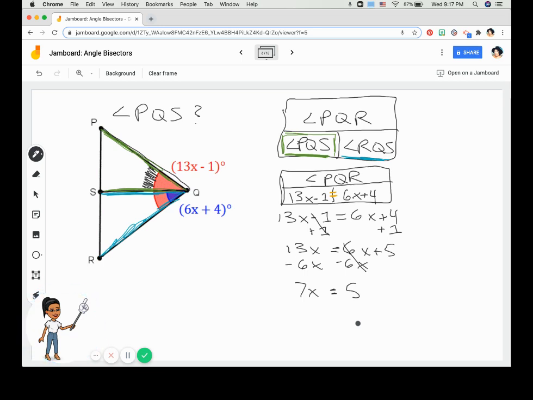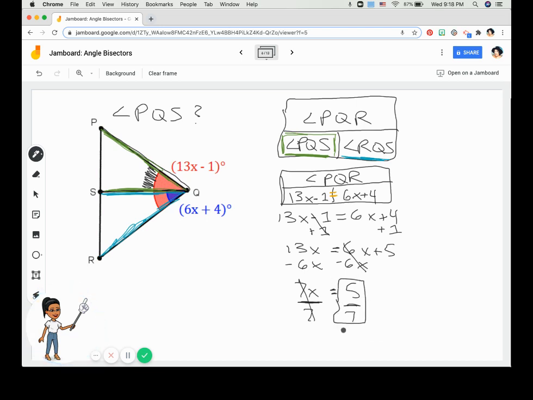Yeah, I did it correctly. We have 5. We have minus 6. And then we have here an ugly number, which I'm not really happy that we have. We divide both sides by 7, and this is what we get. We get an ugly, ugly number of 5/7.